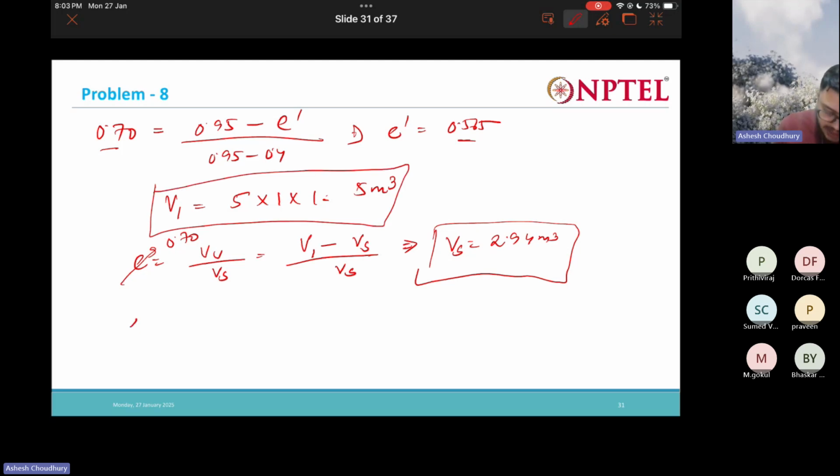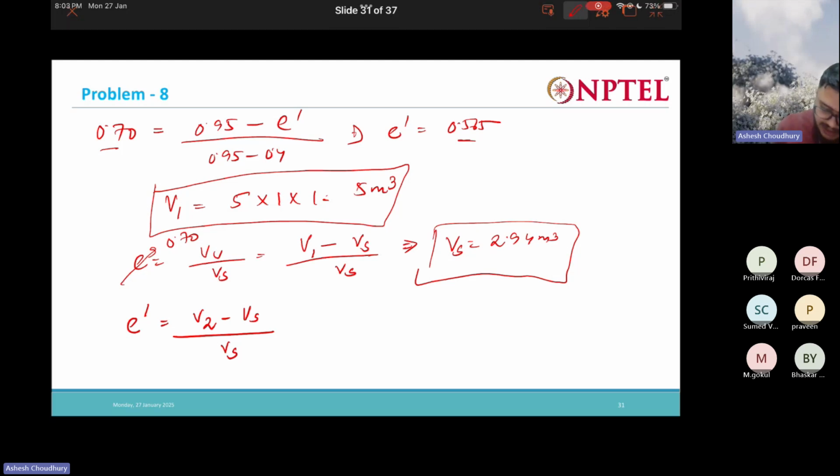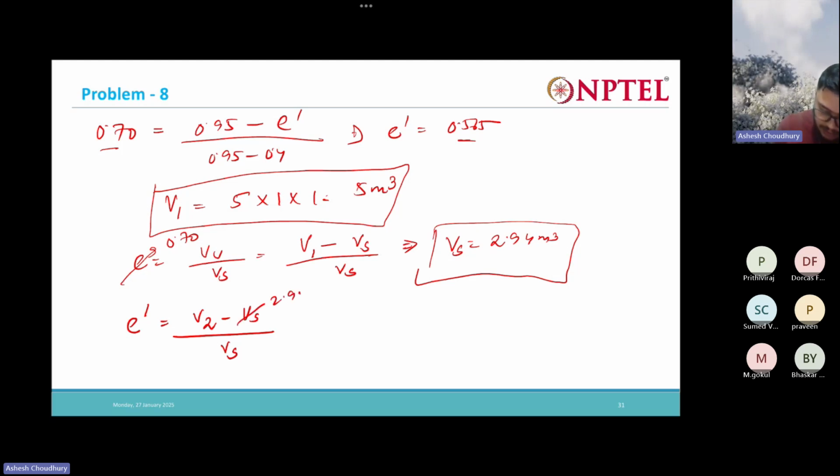Now similarly, e dash is equal to V2 minus Vs by Vs. Now Vs I have 2.94, and e dash I have 0.565. So now I can get V2.